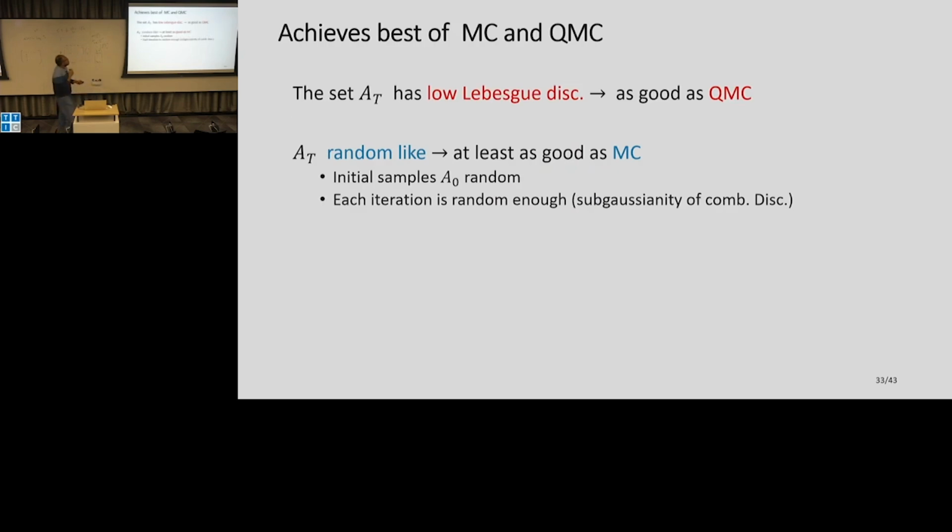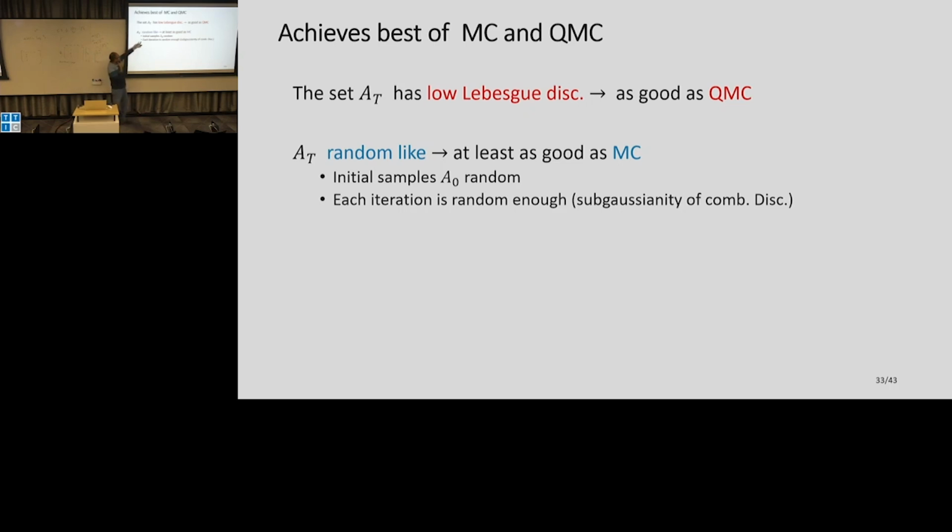Okay, so let's see why we get the best of MC and QMC. So this point set that I'm constructing, I'm calling it A_t for some reason. It has low Lebesgue discrepancy, just the way we designed it. So that automatically guarantees good QMC guarantees. That's all you needed for that. But also because of this sub-Gaussianity, A_t looks very random-like.